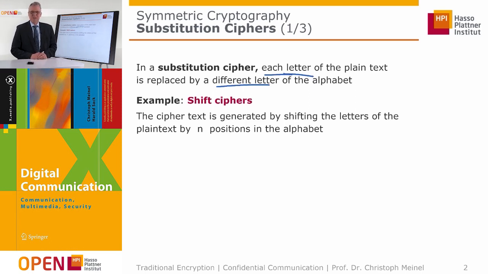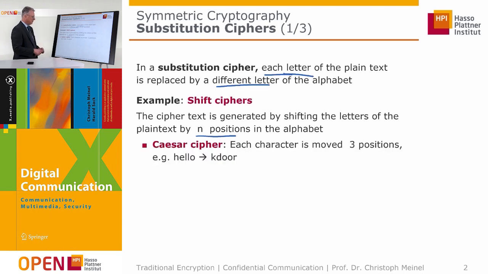The idea of this shift cipher is that the ciphertext is generated by shifting the letters of the plain text by n positions in the alphabet. Each letter is shifted by the same number of positions.